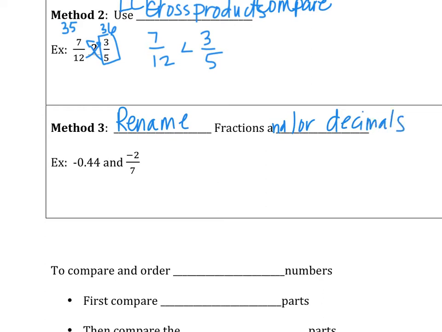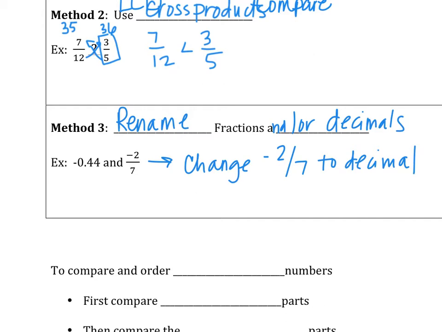So if we have negative 44 hundredths and negative 2/7, we need to change one of those to the other form. So for example, in this one, I would probably change my negative 2/7 to a decimal. And we will actually work out this problem in our examples.